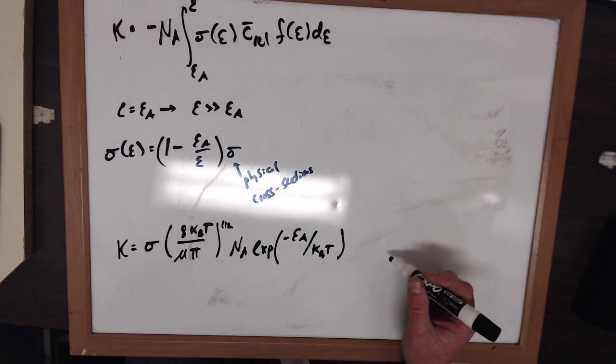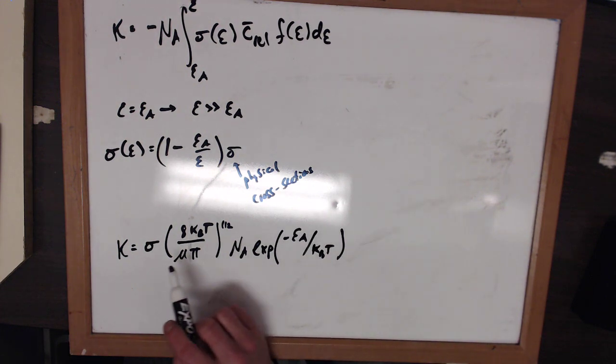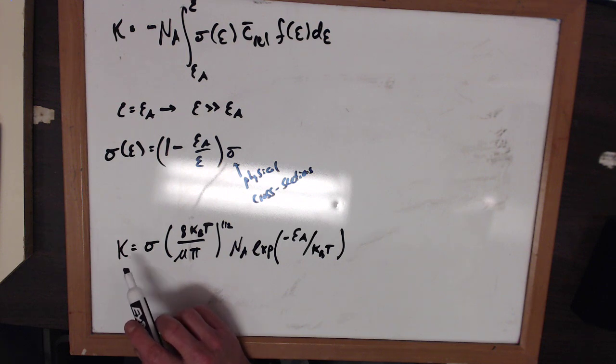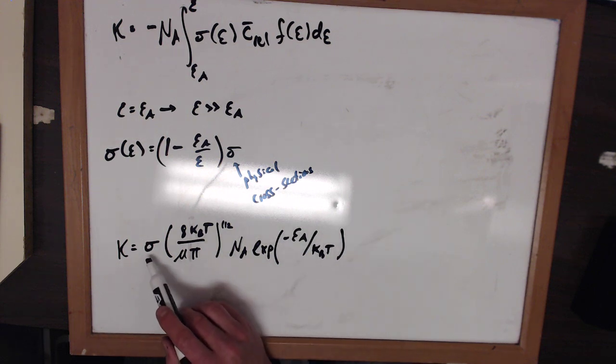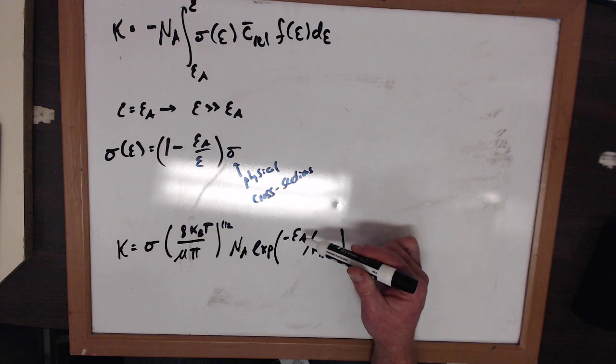And this is pretty cool because now we have a first principles equation to calculate k directly. All we need knowledge of is the physical cross-section of the molecule and its activation energy.